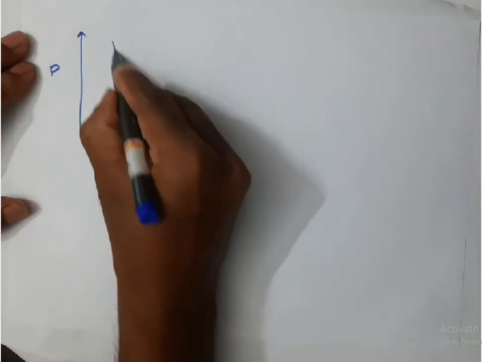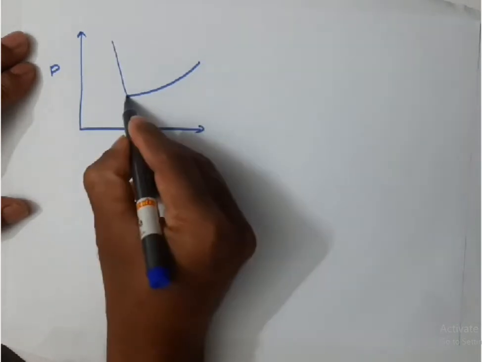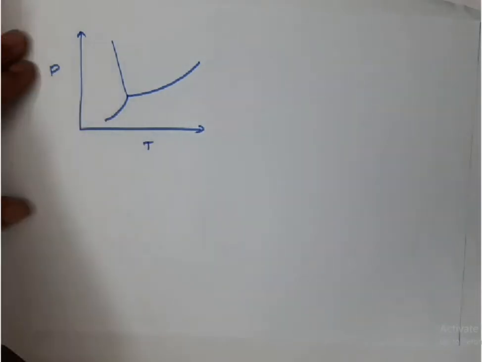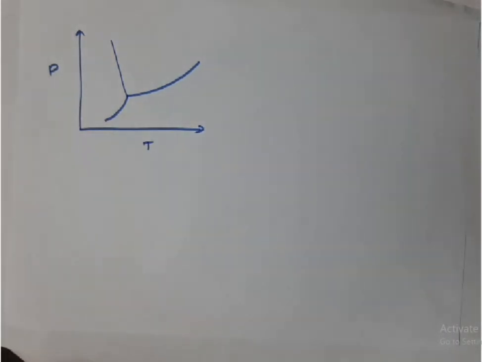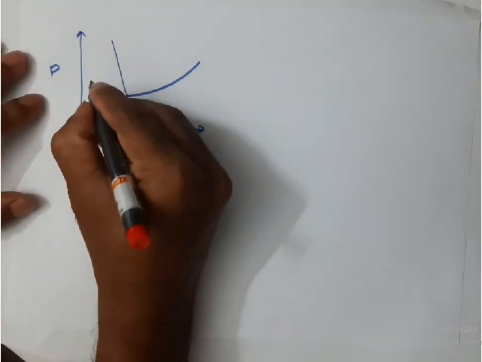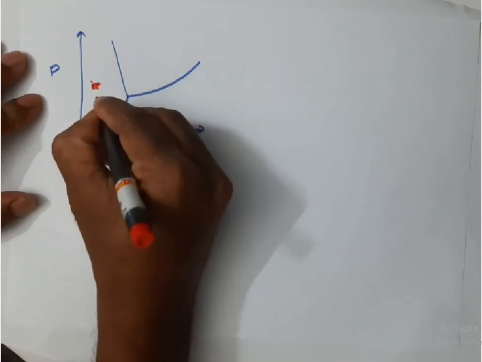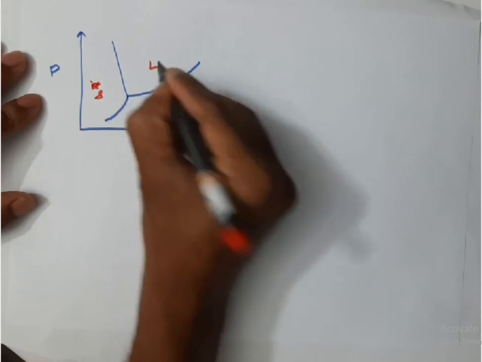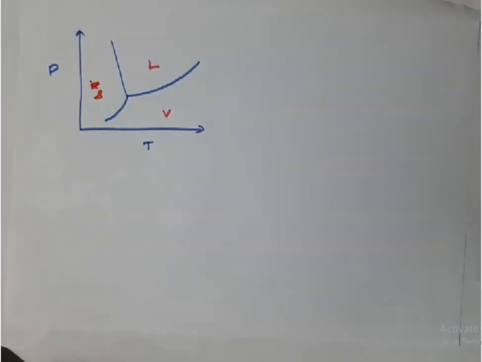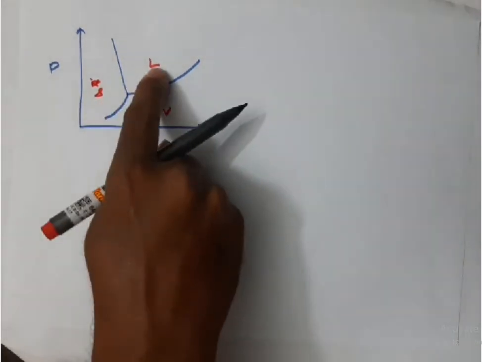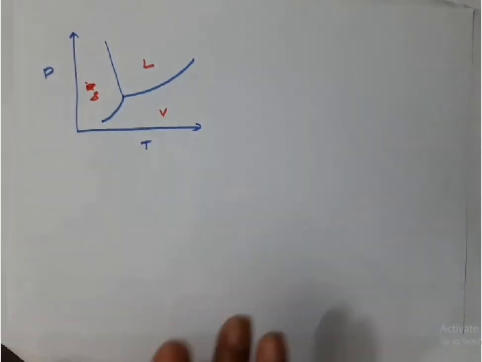Okay, so these are schematic diagrams. As I told you, here we have liquid water, here we have ice, solid water, here we have liquid, here we have vapor. Here we have solid water, liquid water, water vapor. Okay, this is for pure solvent.